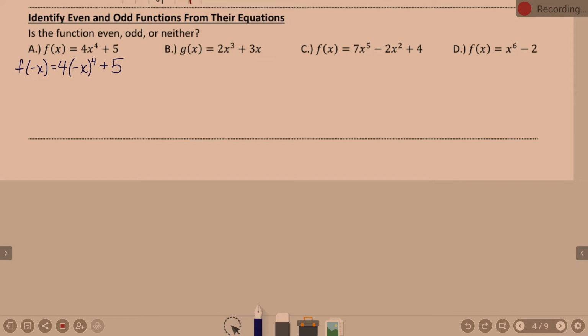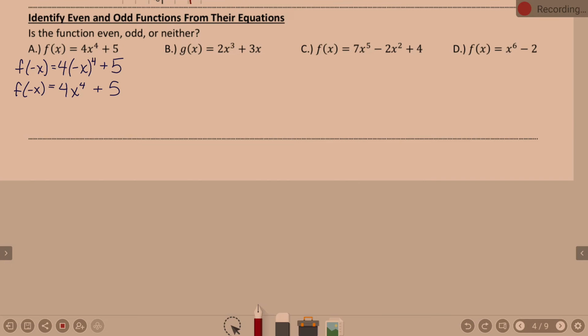What do you know about negative x raised to the fourth? A negative raised to an even power makes it positive. So negative x raised to the fourth is going to be positive x to the fourth. So 4 times positive x to the fourth plus 5. Did we end up back at the same?